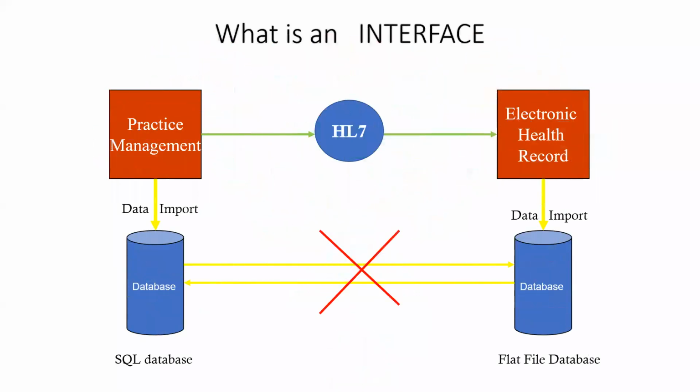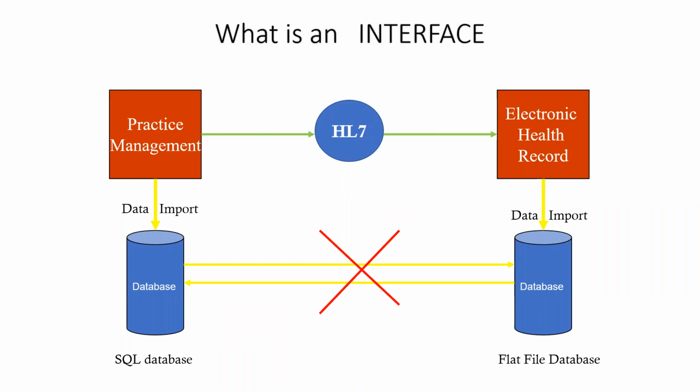Now let's see what an interface is. We have talked about HL7, and I was saying that there is an interface between PM and EHR, EHR and lab, and so on. But let's see what an interface is. An interface is nothing but a bridge which will help two different applications to communicate, exchange the data, or talk to each other.